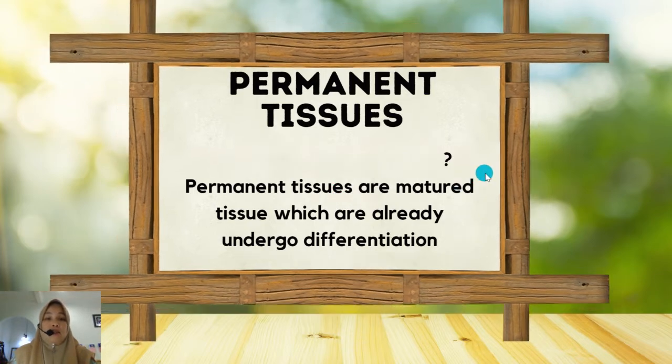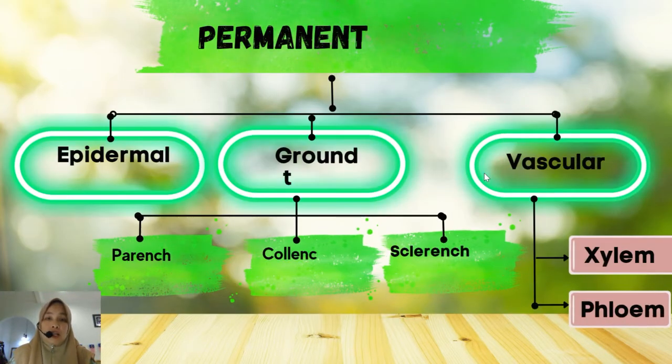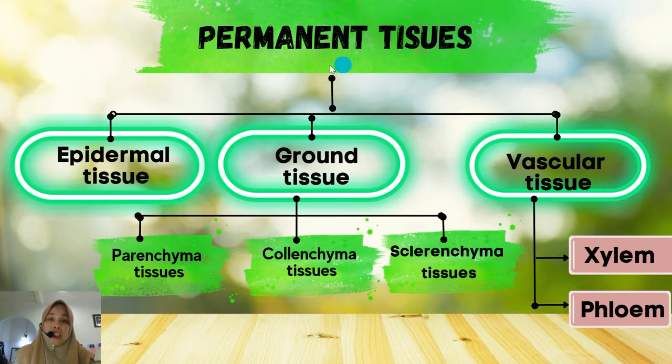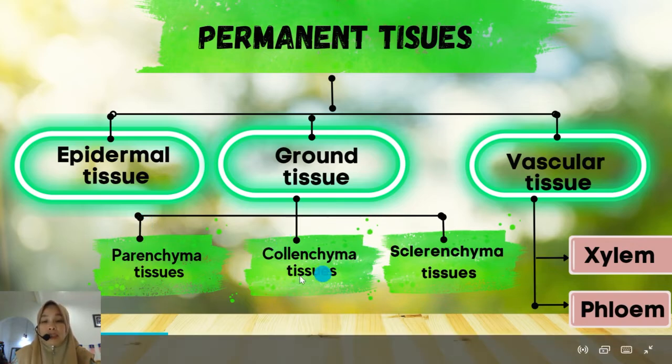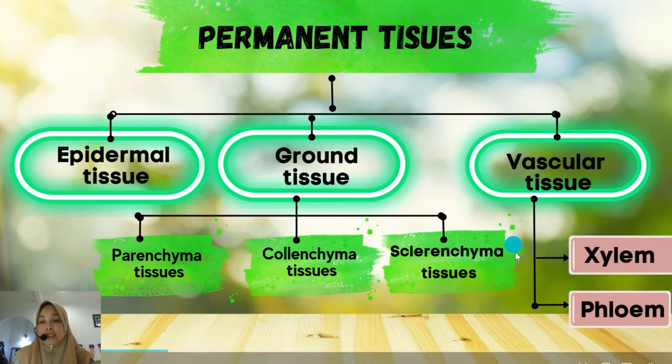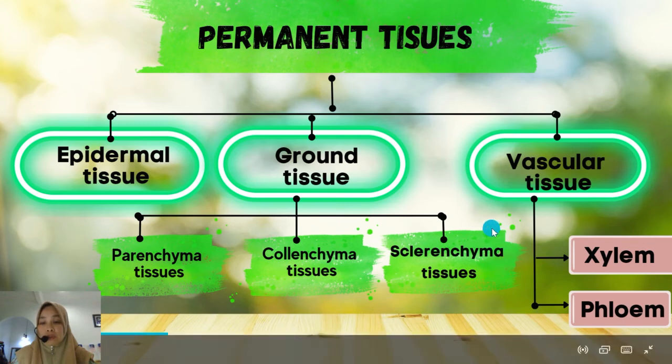Now we go to the three types of permanent tissue. Permanent tissues can be divided into epidermal tissue, ground tissue, and vascular tissue. Ground tissue can be divided into three: parenchyma tissues, collenchyma tissues, and sclerenchyma tissues.